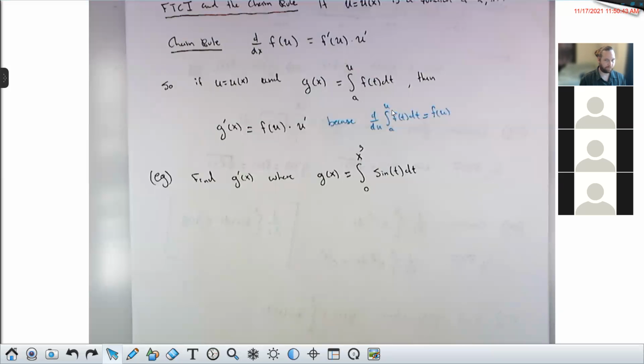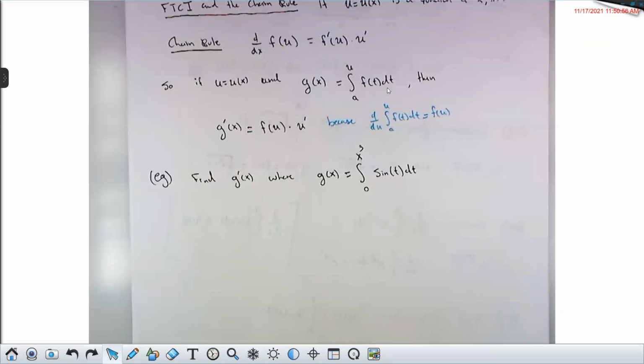I have a question. For the integral, if we differentiate, is the u always in the upper limit of the integral? So yes, always the upper limit of the integral. The derivative you're taking here, this variable, needs to be whatever the thing is up here.